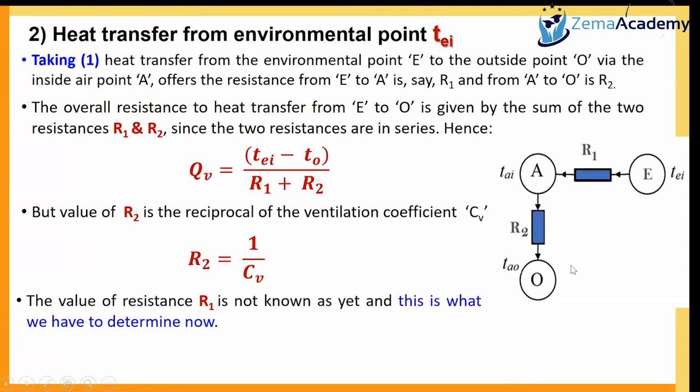Now by looking at this diagram, you can appreciate that this process you have already solved in your earlier slide. That is, any heat transfer that happens from inside air to outside air via the ventilation process, which is R2. By this definition and looking at the previous information that we have acquired, we can say that this R2 is actually the reciprocal of the ventilation coefficient CV.